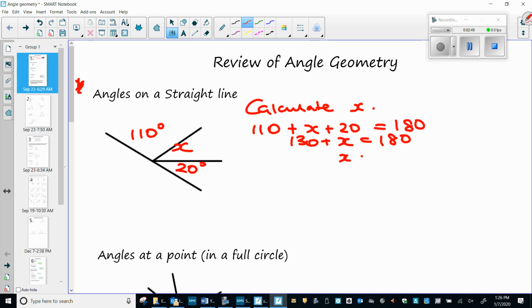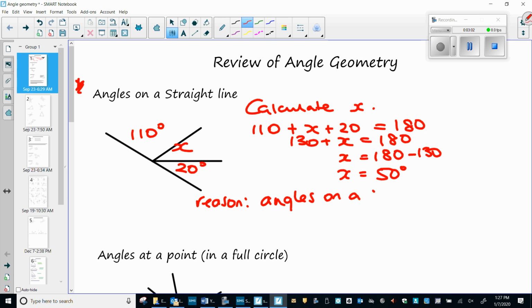And to find x, we would then do 180 subtract 130. So x is 50 degrees. Now the reason we would give is angles on a straight line. You don't need to say that they add up to 180. I know that you knew they added up to 180 because you set your equation up to say that it was equal to 180.